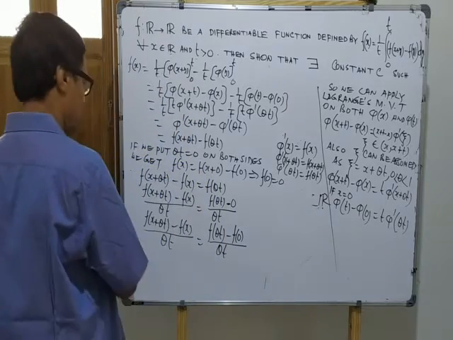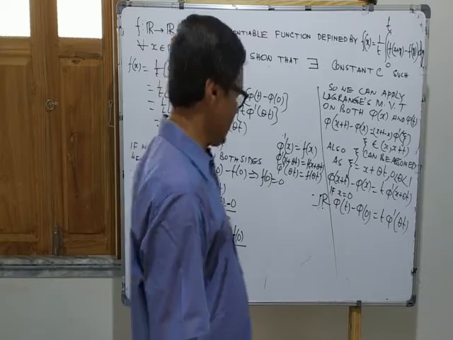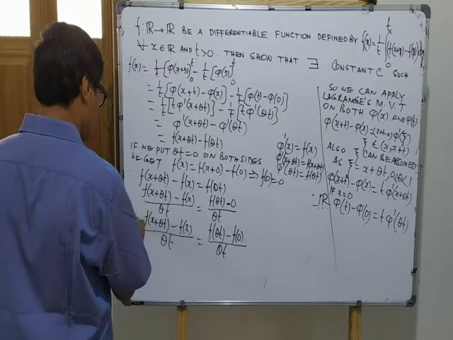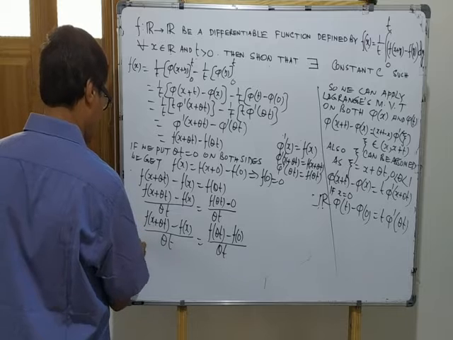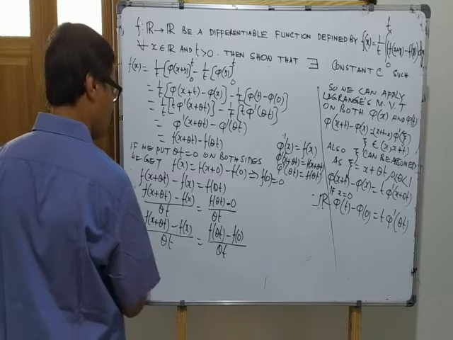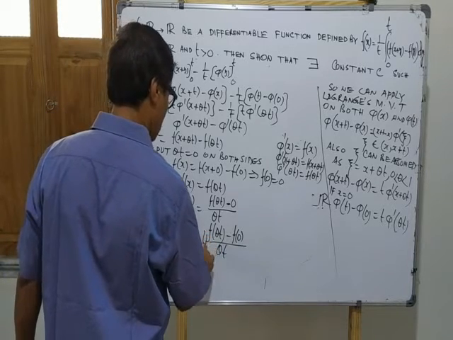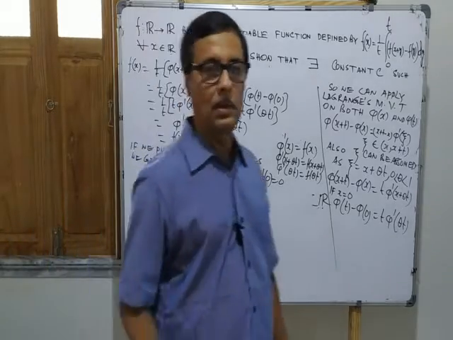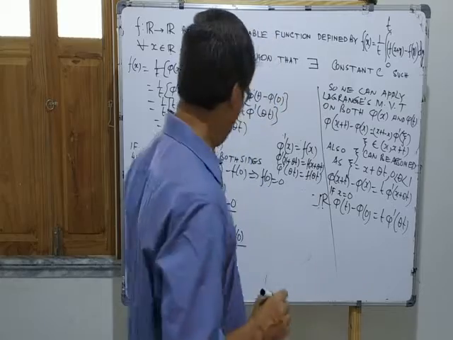Now we can take the limit on both sides, theta t tends to 0.